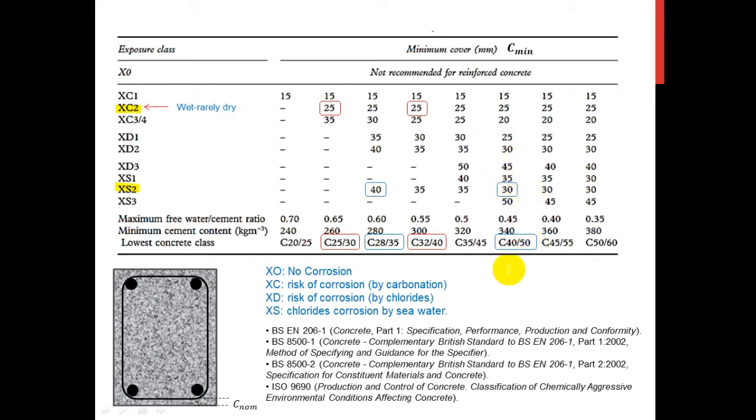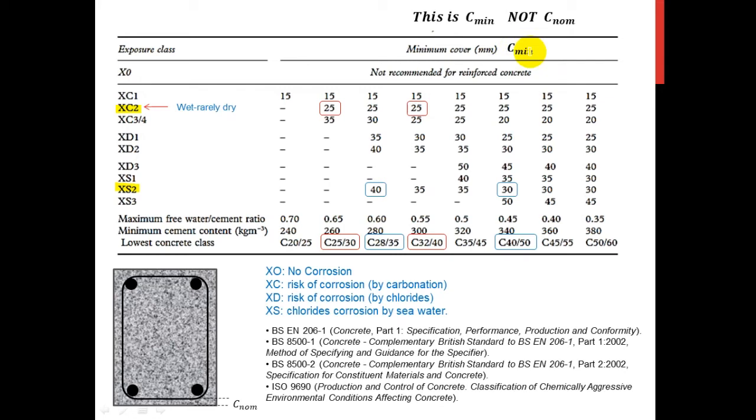So there is this trade-off: increase the grade, use less cover, and vice versa. One important thing is, as you might have noticed, I have been using the word minimum rather than the nominal. And what's given in this table is the minimum, not the nominal. So remember, our aim is for the nominal, not the minimum.